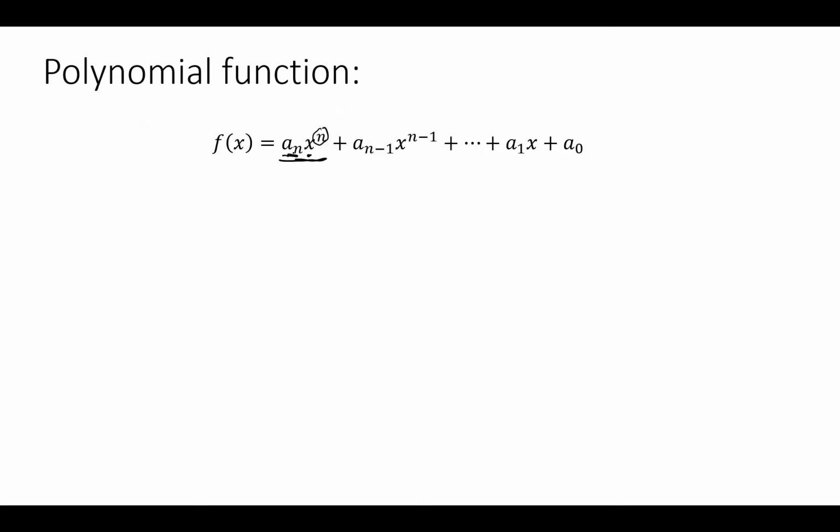It can be 1, it can be 2, and so on and so forth. We actually have multiple different terms here. So we have x raised to the power of n, and then n minus 1, all the way to the power of 1, and also the power of 0. In this case, any number that's raised to the power of 0 is going to be 1. This is by design, and that's why we have this x to the power of 0 ignored here.